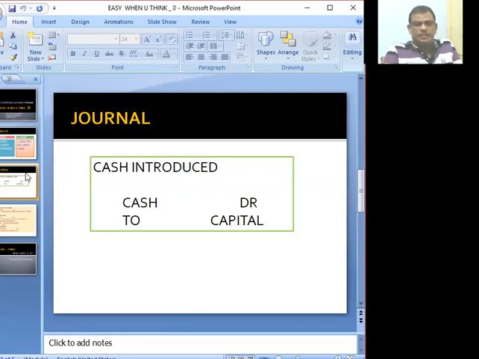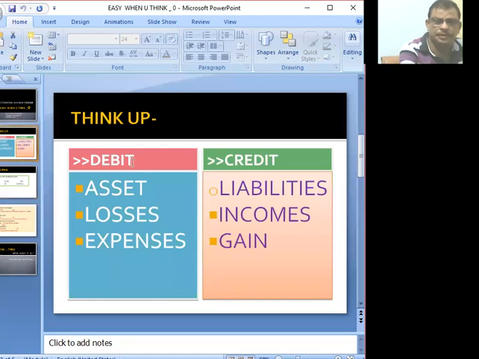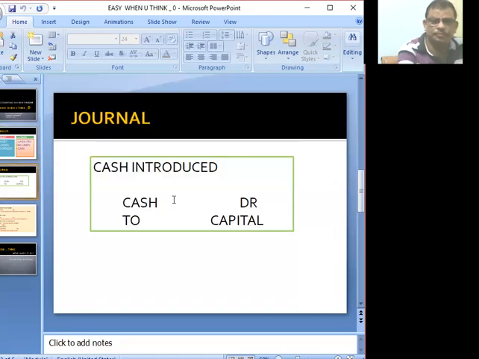First, think of cash. What is this? It is an asset. When an asset comes, it will be on the debit side. So we have to put cash on the debit side.